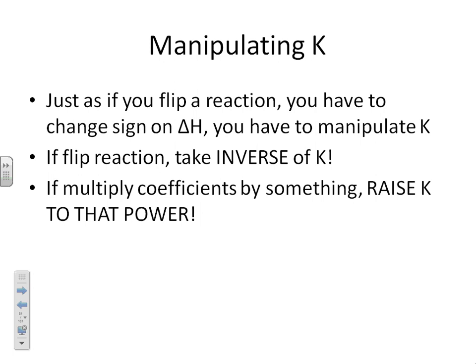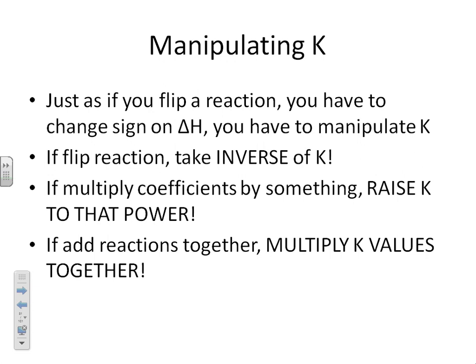It's products times products. It's reactants times reactants. So we have to multiply our K values together if we're adding reactions together. K does not work the same way as delta H does. So we cannot take the same set of rules. However, it is similar in that changes made to the reaction are shown in how we write our K value.